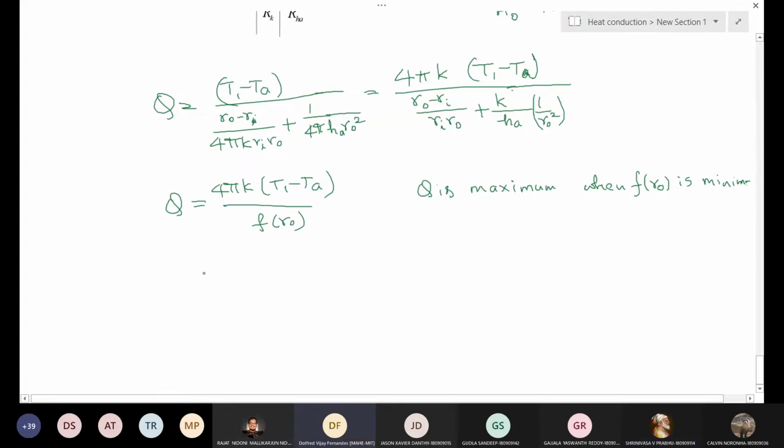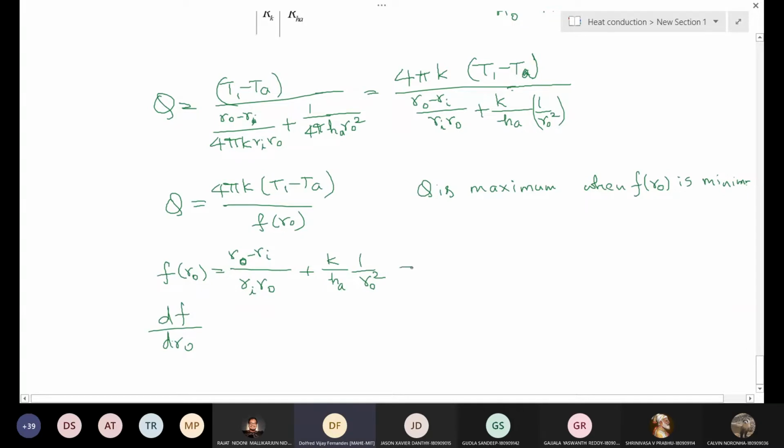So we have f of R0 given by (R outer minus R inner) divided by Ri R_o, plus K by HA into 1 by R outer squared, and take the derivative with respect to R0.